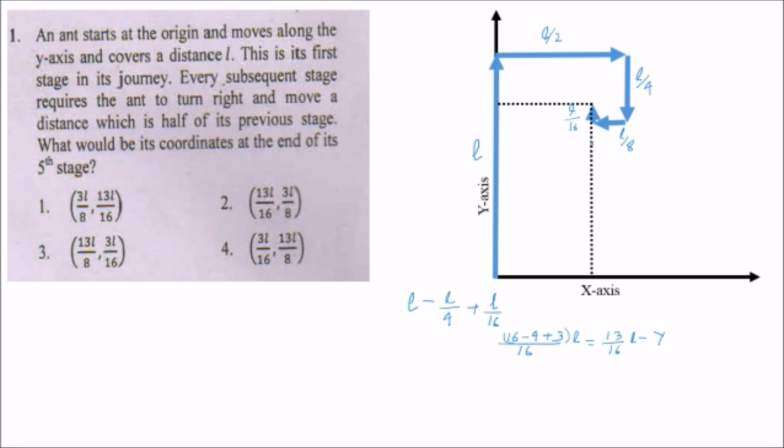Now for the x-axis, what will be the coordinate here? It will be L by 2 minus the L by 8 distance traveled by the ant. So for the x-axis, L by 2 minus L by 8 will give 3 by 8 L. Now how do we express the coordinates?